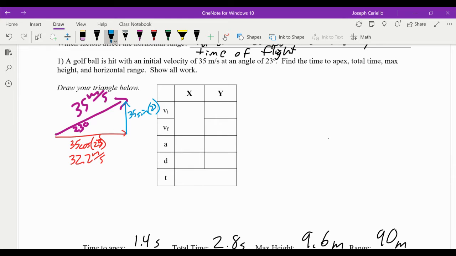And 35 sine 23 is going to be 13.7. So let's start filling some of this in. We know in the y direction the initial velocity is going to be 13.7.